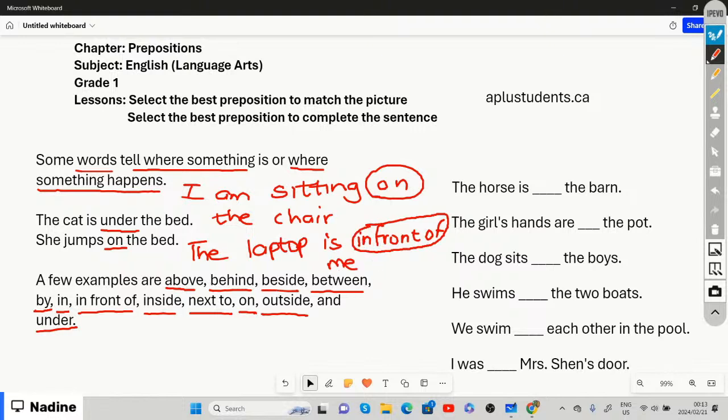So that is prepositions. They are words that tell us where something is or where something happens, which means that the laptop or computer is in front of you, and you are sitting on the chair or on the bed, right?